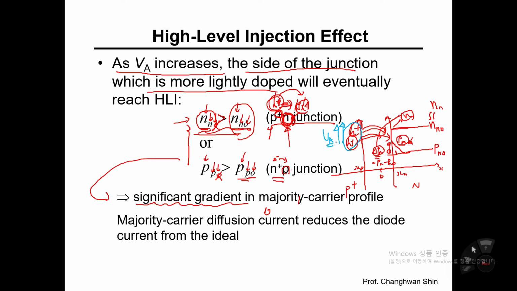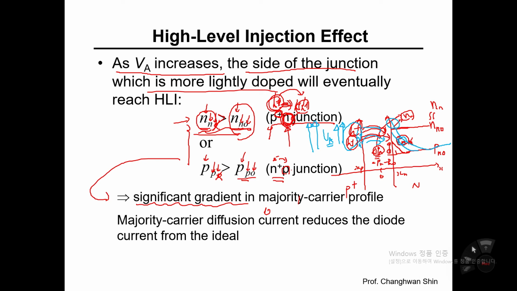Very strong forward bias has been applied, so we may expect lots of holes to be injected into the N side. Then this delta p sub n becomes like that. And if much more forward bias is applied, this p sub n profile becomes like that.